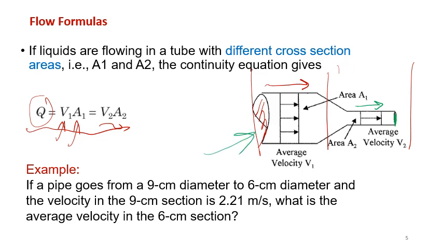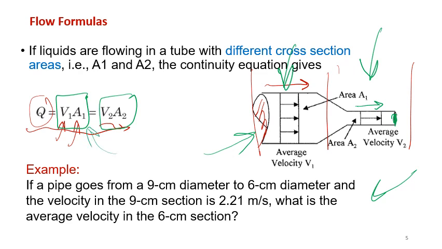If you look at this figure, as we are moving from the first part to the second part, the cross-sectional area is getting smaller. So we can understand that the velocity will be higher to keep this side balanced with the other side.